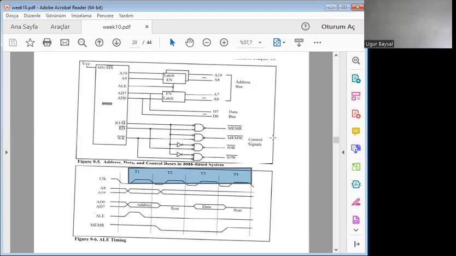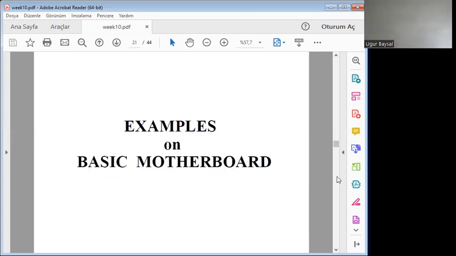Our previous 8086, 16-bit microprocessor and memory interface can also be implemented by utilizing the 8088, which is an 8-bit version. The only thing you have to be careful about is that you should not use 16 bits for data, and only 8 pins of the address and data are multiplexed.